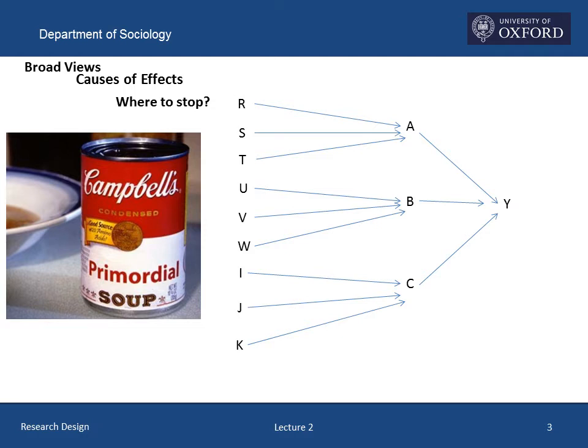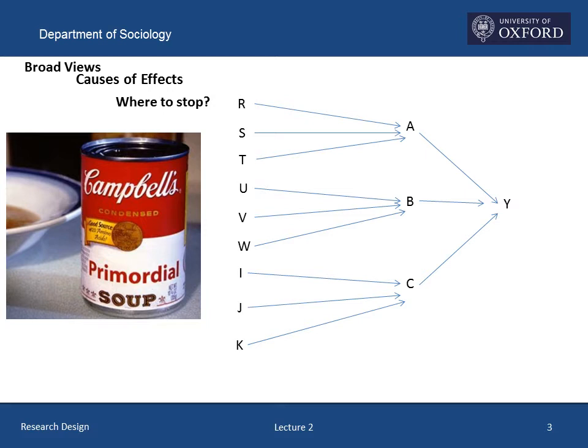However, once we begin to identify and invoke multiple causal factors, the question arises, at what point should we stop? A, B, and C are events, which themselves have causes, and these causes have causes, and so on, back to the primordial soup.